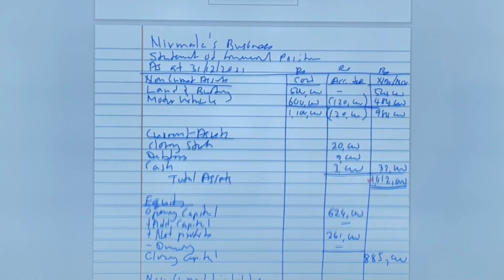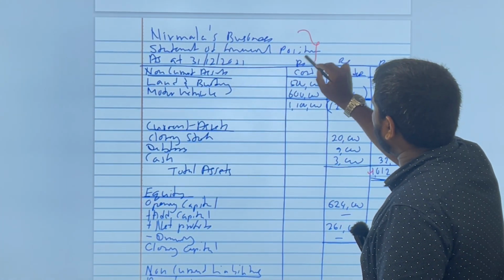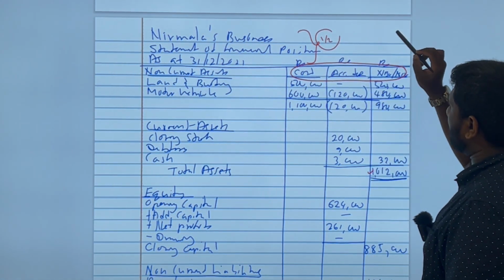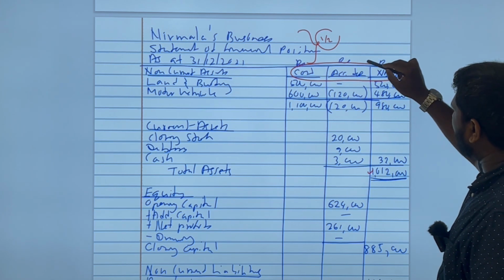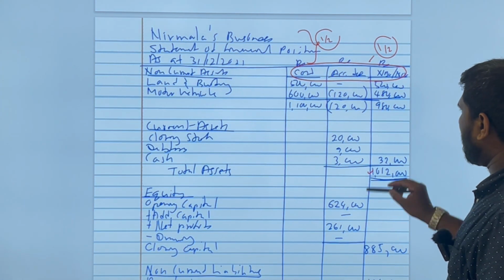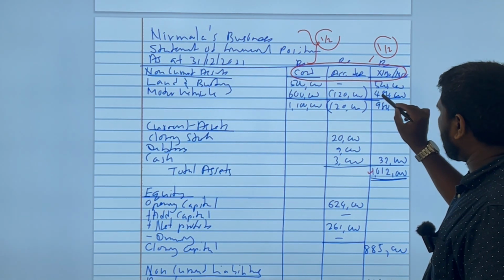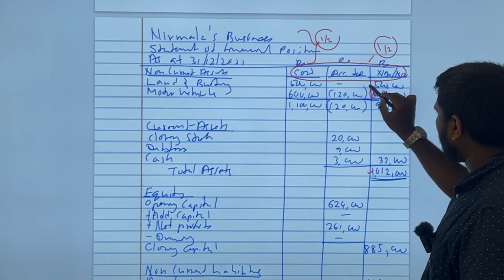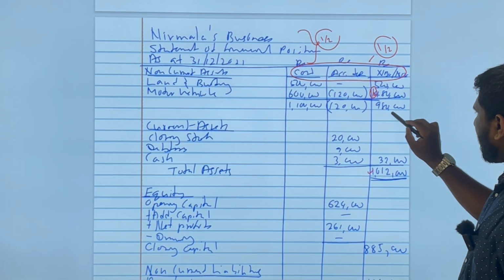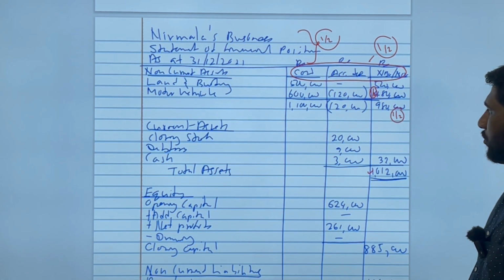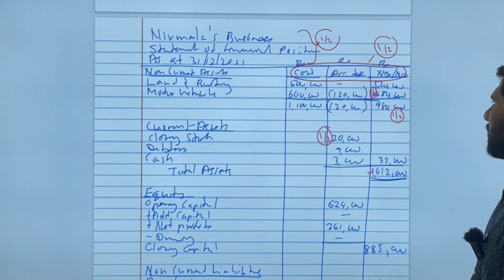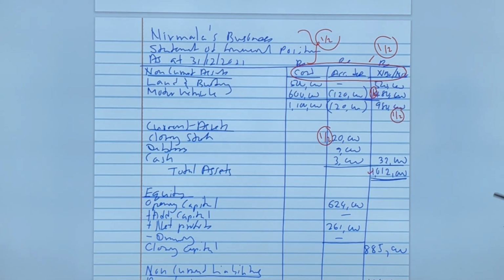Now let's move to the balance sheet. For this one, take half a mark. And for this format, cost minus accumulated depreciation is net book value or net carrying value, half a mark. There it is, 1 mark. Here for the net book value of the motor vehicles, half a mark, 1.5. Total non-current assets, half a mark, 2 marks. Here for the closing stock, half a mark, then 2.5.